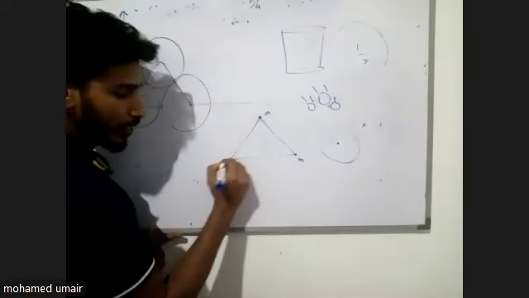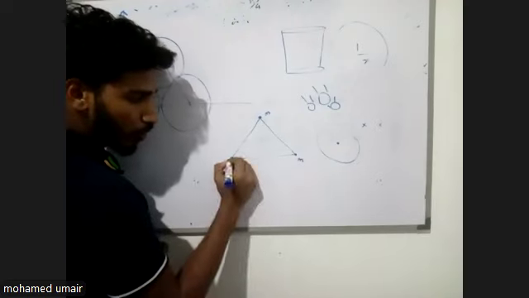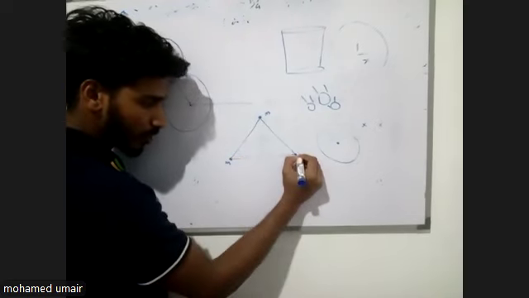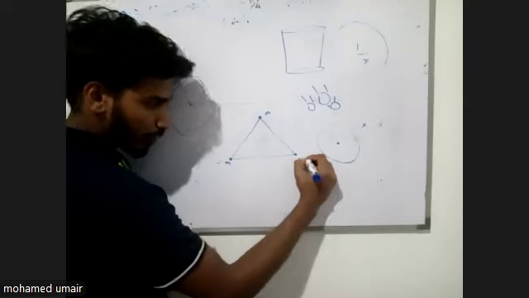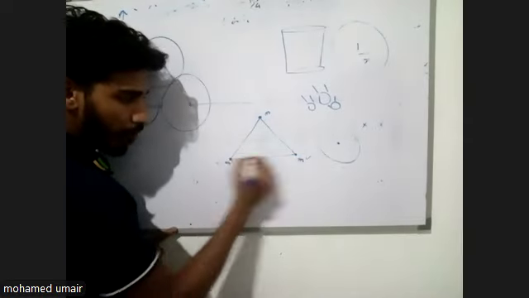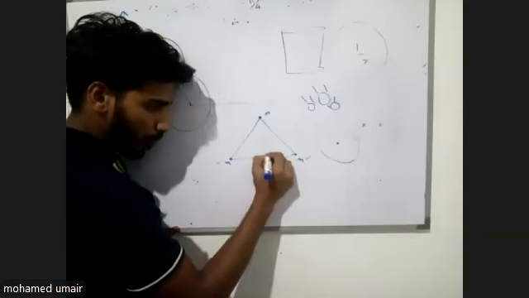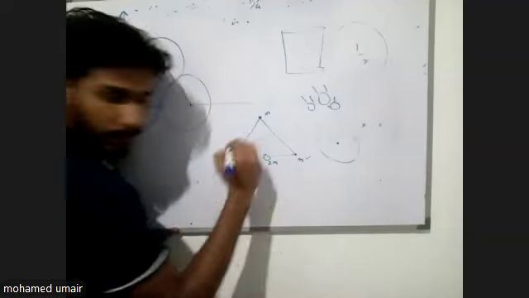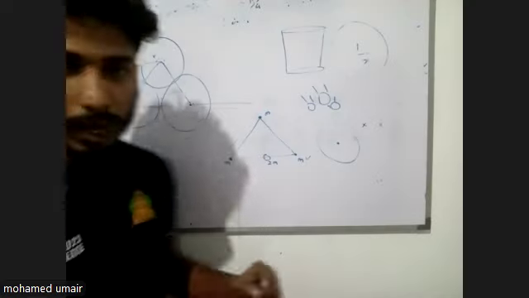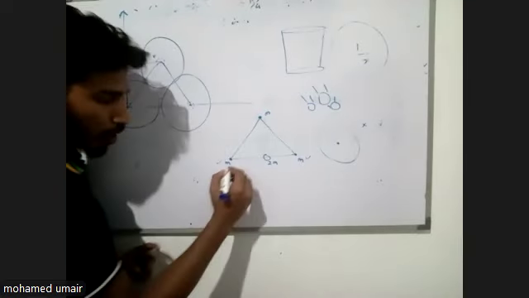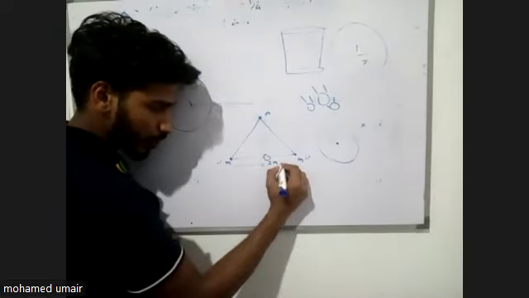If I consider these two masses, m and m, the resultant mass is going to be 2m, and it's going to be exactly at the center.